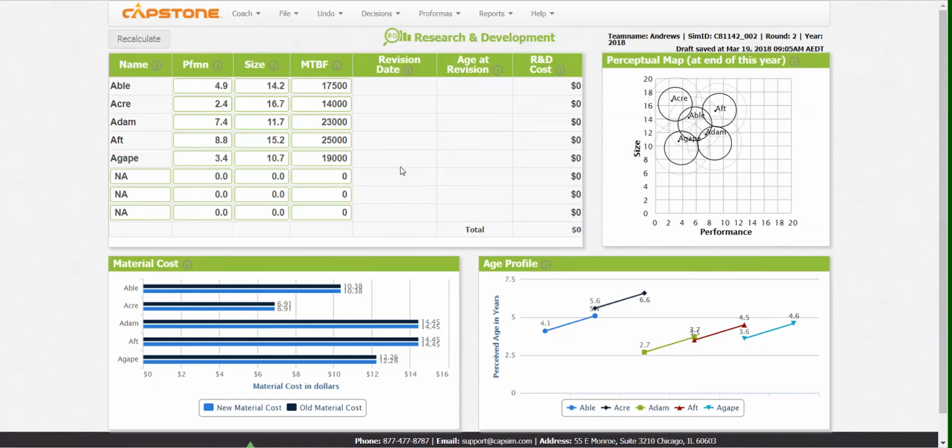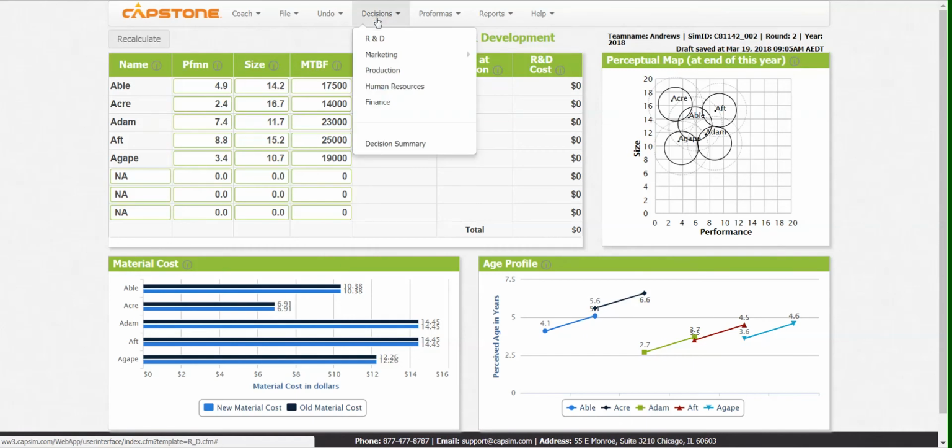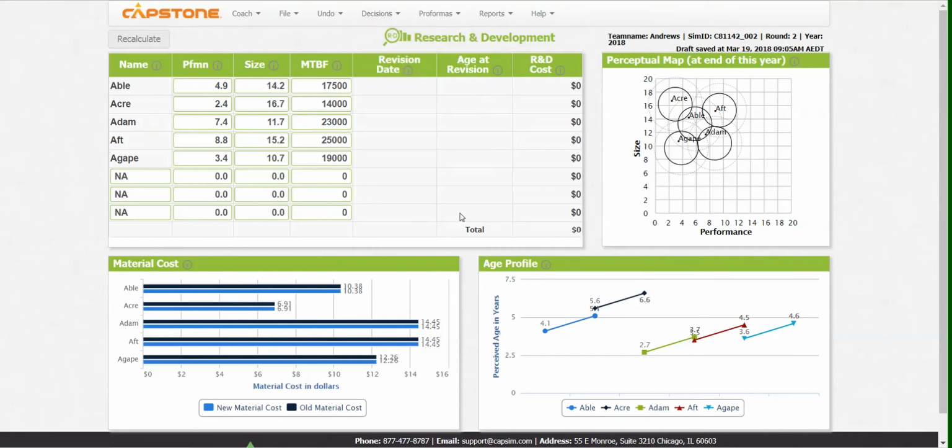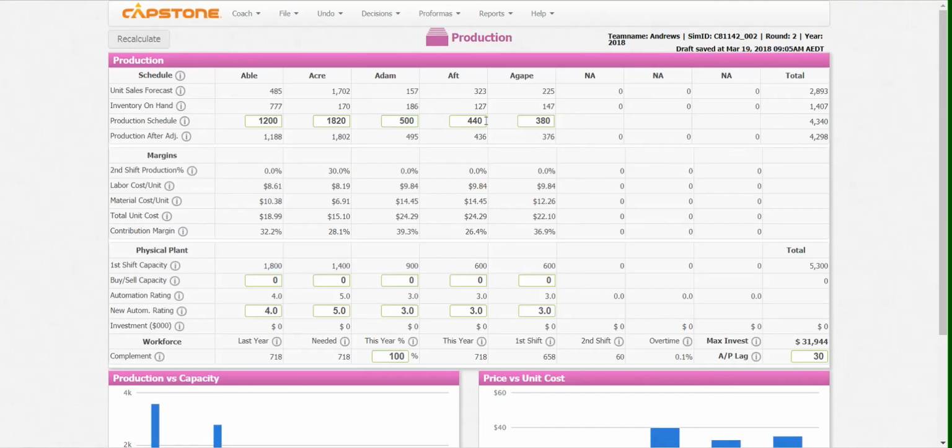So there's not much I can do here about the deletion of Agape, but there's quite a bit I can do in marketing. But before I get to marketing, I'm going to production. Now, snapshot here, we're not worried about these. We're looking at Agape. 147,000 left over last year. I didn't sell 147,000. Now, if I'm going to delete that product, I want to get rid of them.